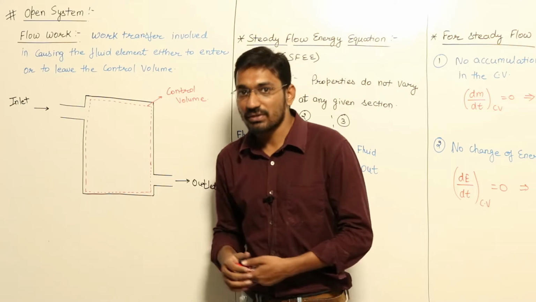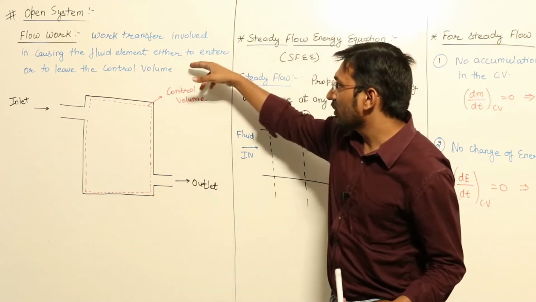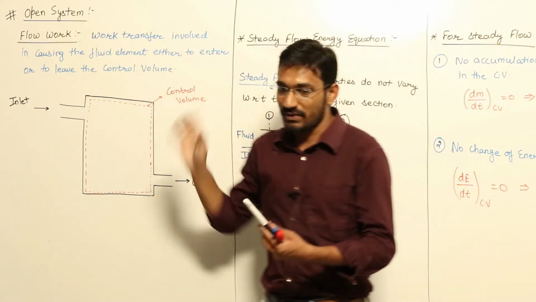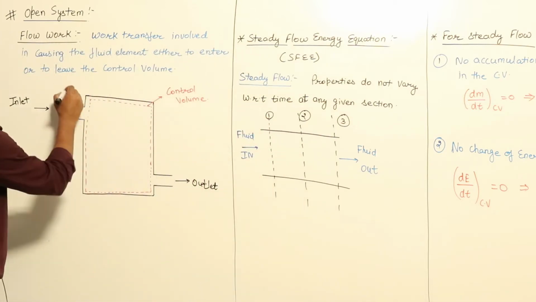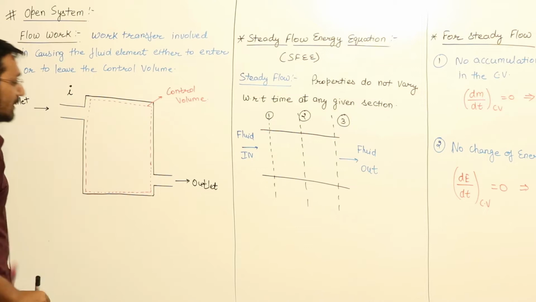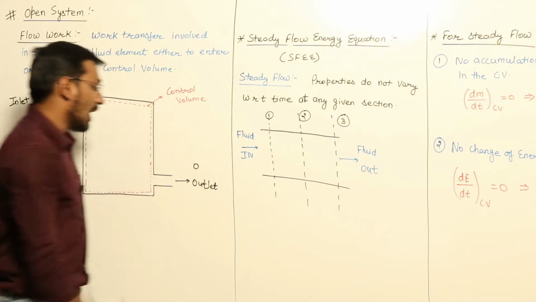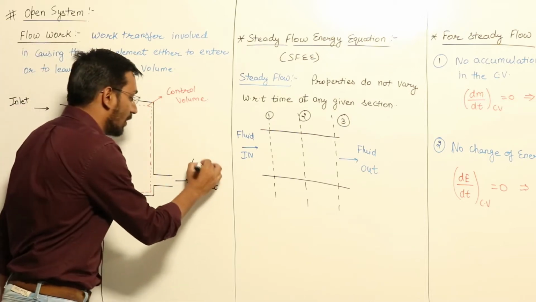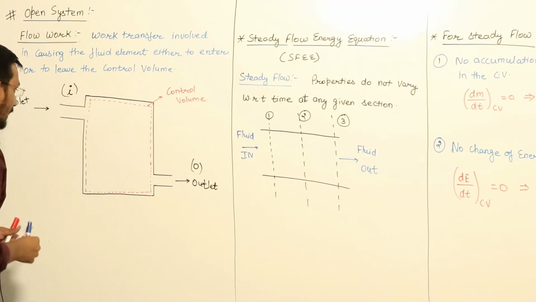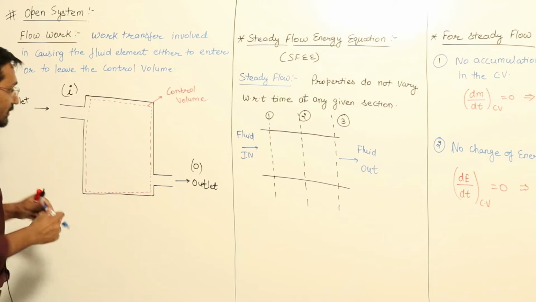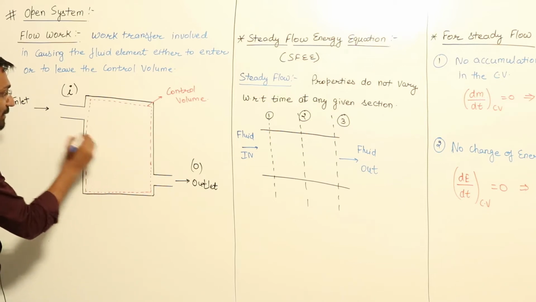Now let us see how or why this flow work is needed. Suppose this is our inlet point. I mark it as I. Suppose I is for inlet and O is for outlet, just as a nomenclature. Now I am considering three layers, three particles.